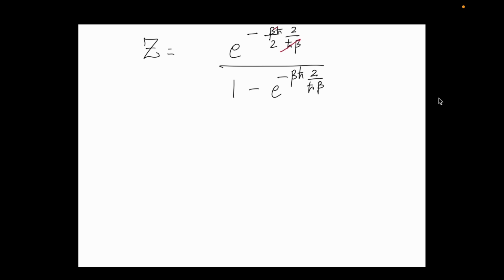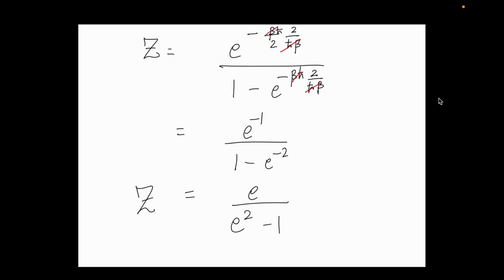These and these will cancel, so you will get e to the power minus 1 over 1 minus e to the power of this, which is equal to 1 over e squared minus 1, which is option E.